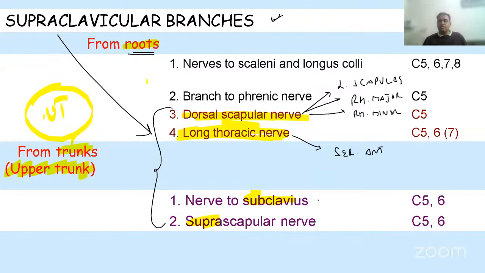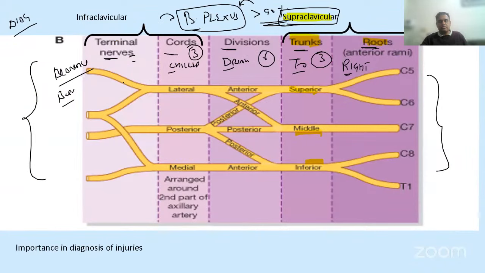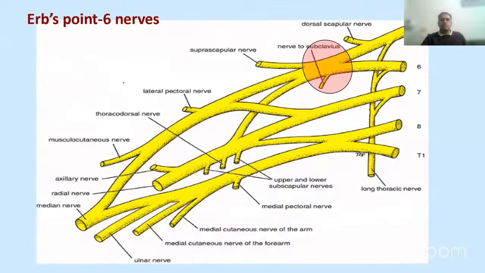The nerve to subclavius supplies the subclavius muscle only. The suprascapular nerve supplies the supraspinatus muscle and also the infraspinatus muscle. Make sure about it. These are all the branches from root and trunk, the supraclavicular branches. Clear? Next, we go ahead.